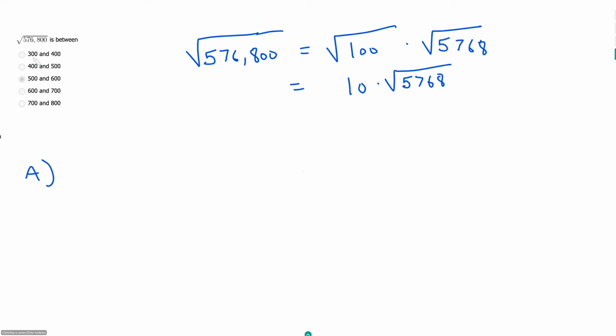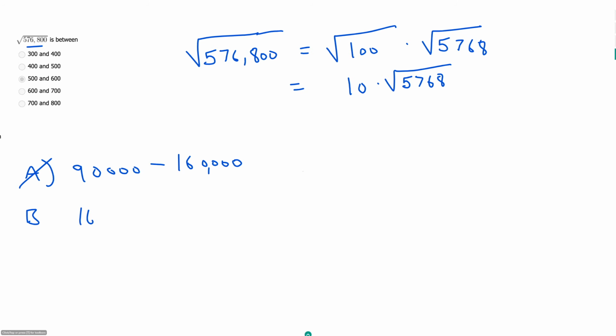So for A, my range is going to be, so 300 squared is just going to be 9 with 4 zeros, 90,000 through 16 with 4 zeros, 160,000. So it doesn't contain my guy here.